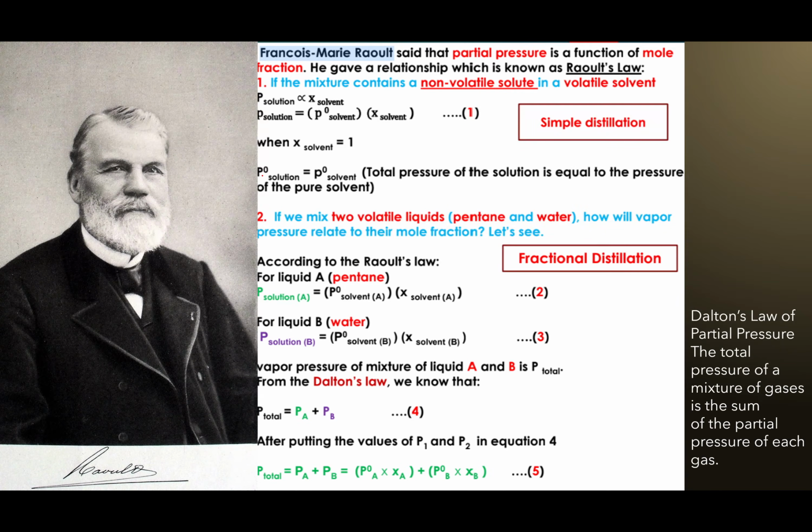Therefore, the total pressure is the pressure of the volatile solvent. If we have a mixture of two volatile liquids, both will be evaporating, so the overall pressure will be the sum of the partial pressure of one substance and the partial pressure of the other. That is what we're saying.